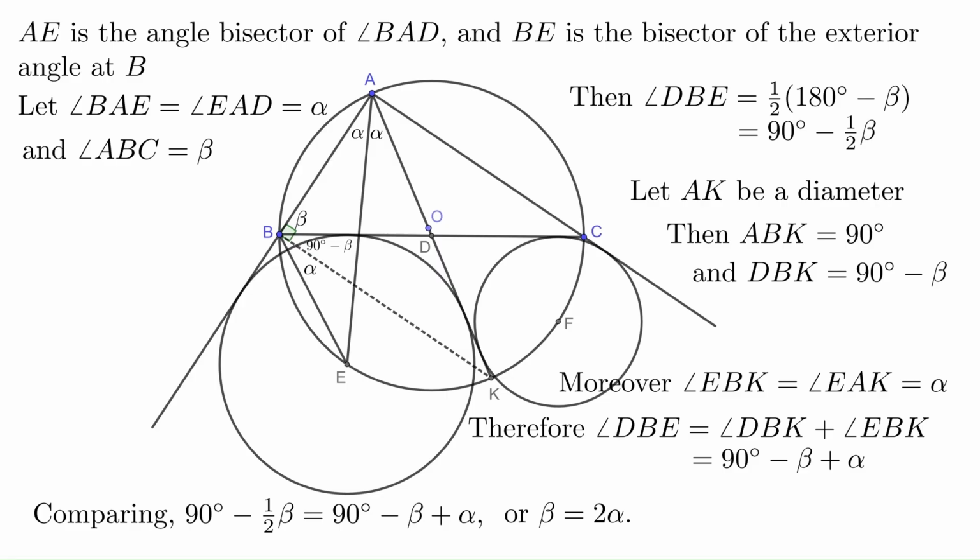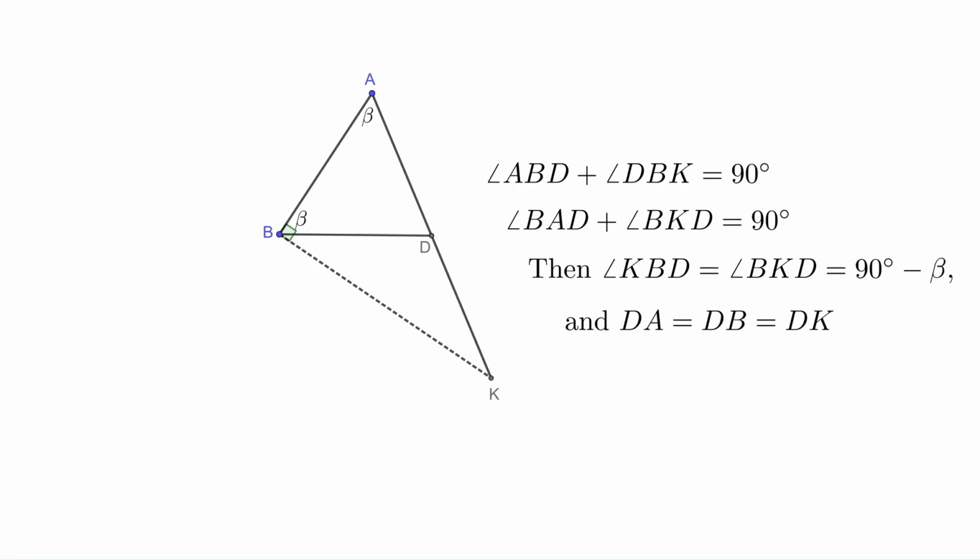That means triangle DAB is an isosceles triangle. ABK is a right triangle, and we know DAB is an isosceles triangle with DA equals DB.